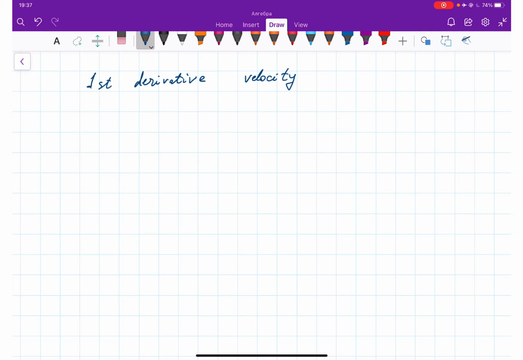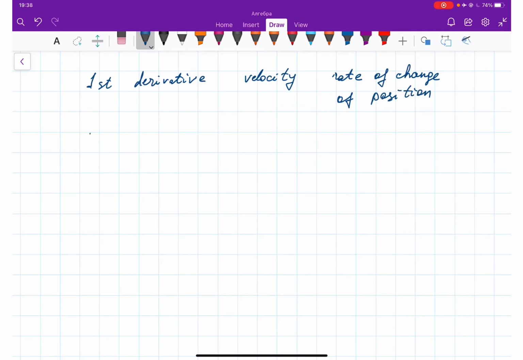Besides my explanation, velocity we can take as the rate of change of position. Okay?